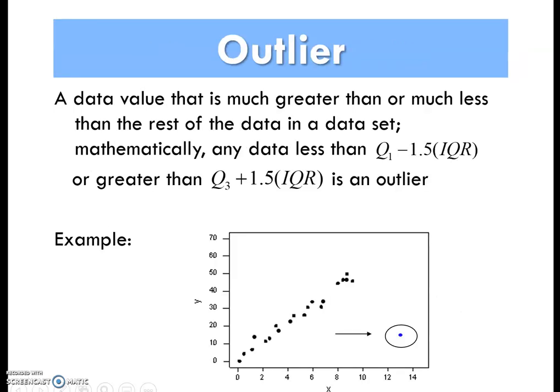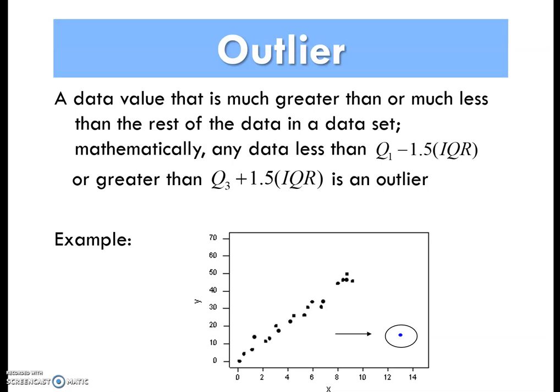An outlier. In the past, you may have just been told that an outlier is a value that's much greater or much smaller than the rest of the data, but it is actually calculated algebraically. Now, I don't know who decided, but whoever decided that it was going to be 150% of the interquartile range from the first and third quartile.